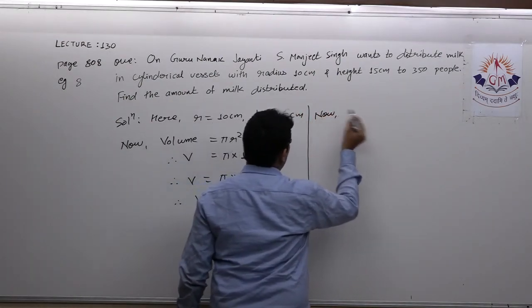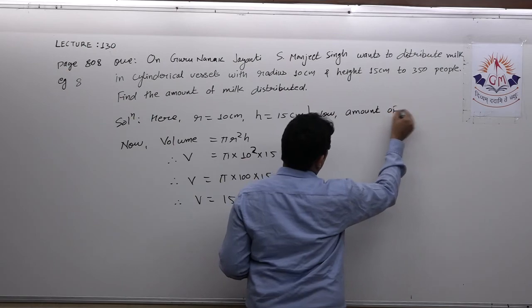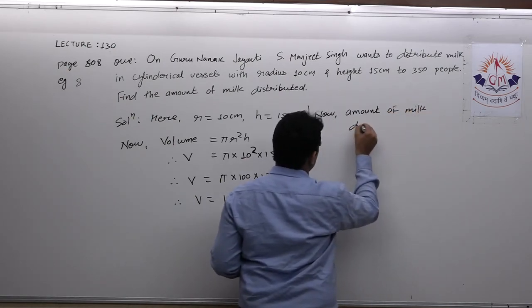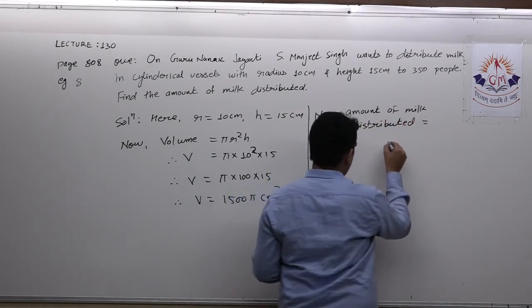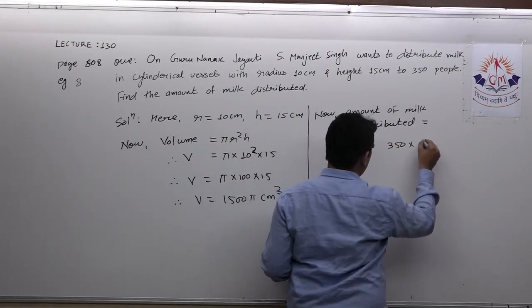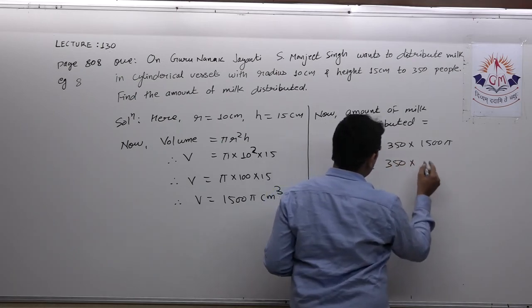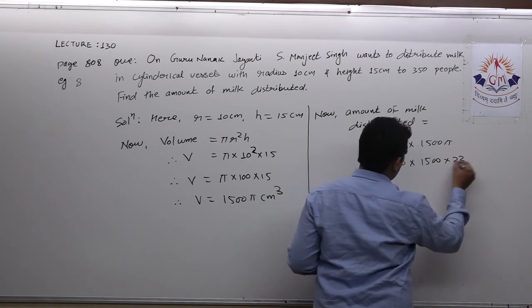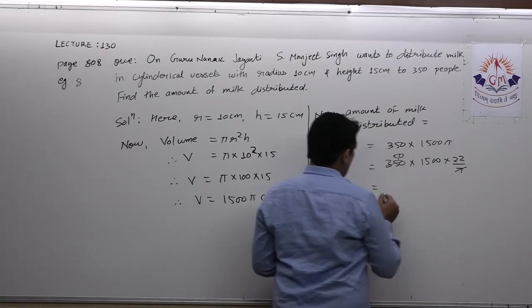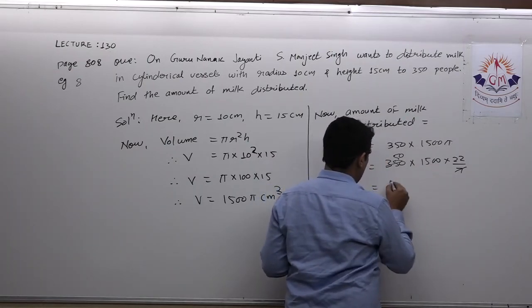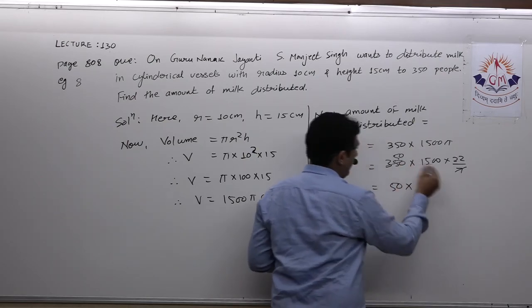Now amount of milk distributed is equal to 350 multiplied by 1500 pi. That is 350 into 1500 into 22 upon 7. 7 fifties are 350, so here it is 50. So 50 multiplied by 15. So here I can write 50 multiplied by 22 into this.